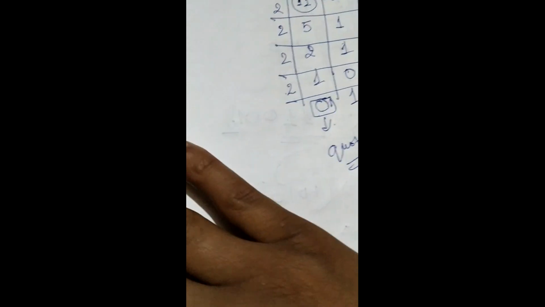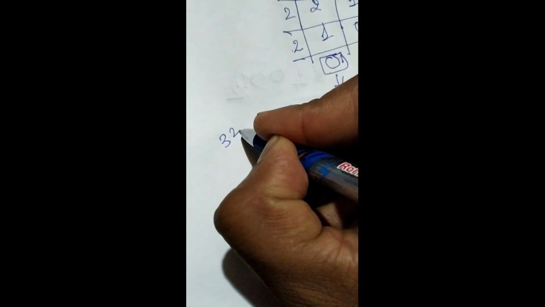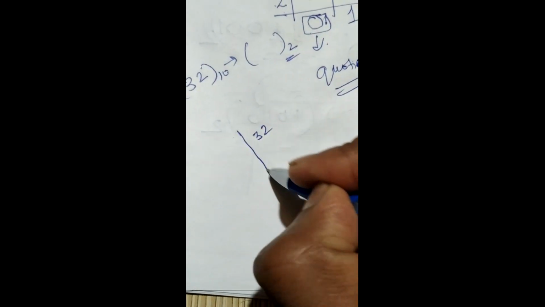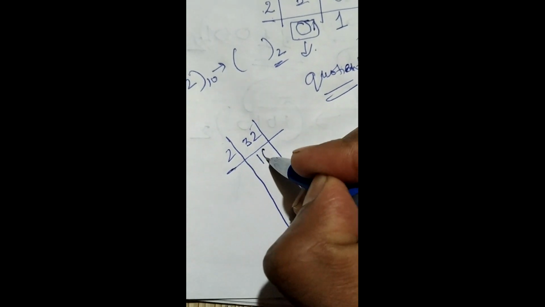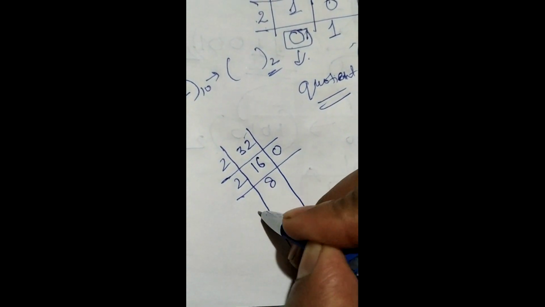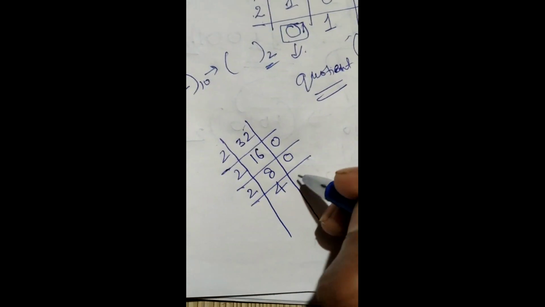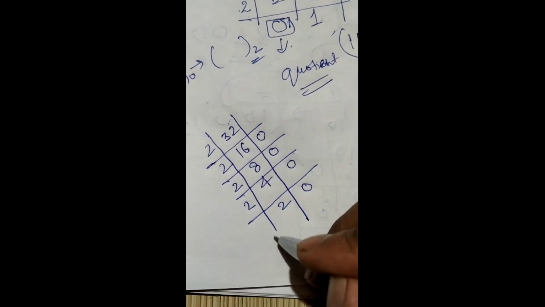Suppose we have 32 as a decimal number and we want to convert it into the binary equivalent. We follow the same steps. 32 divided by 2: 2 into 16, 0 is the remainder. Again 2 into 8 is 16, 0 is the remainder. 2 into 4, 0 is the remainder. 2 into 2 is 4, 0 is the remainder.